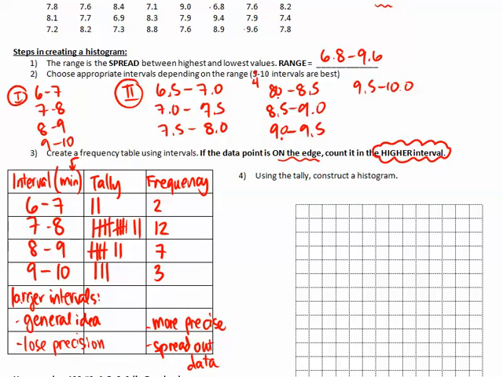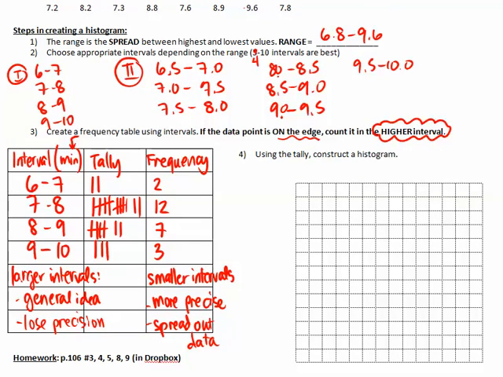So now let's start graphing this up. Because we get to choose the intervals, because the intervals are really up to us to decide, that becomes the independent variable. So this is now on the x-axis. So the intervals happen on the x-axis.